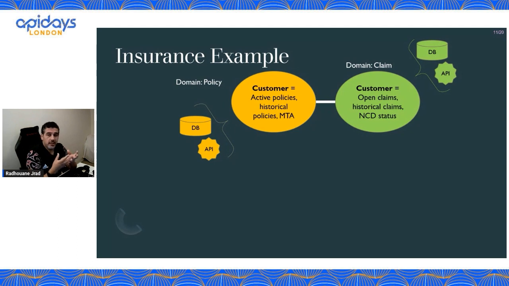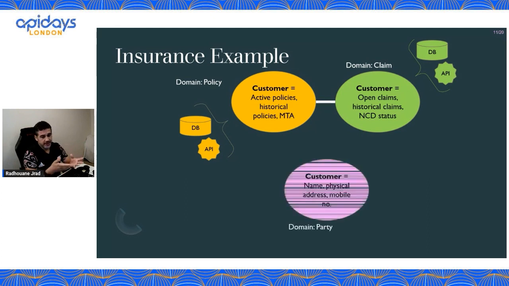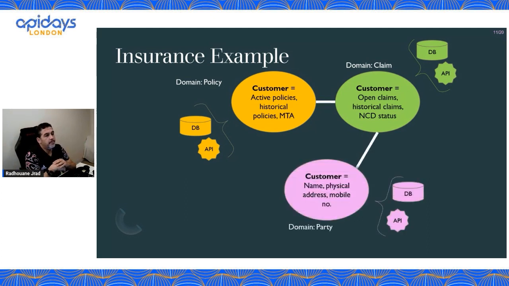So for the same object, the two domains hold different details, even though it's customer, party, or person, or people, or customers, or whatever you call it. That domain is interested in your social details, your name, your physical address, Facebook page, I don't know, the mobile number. But they don't want to know if you have active policies or not.